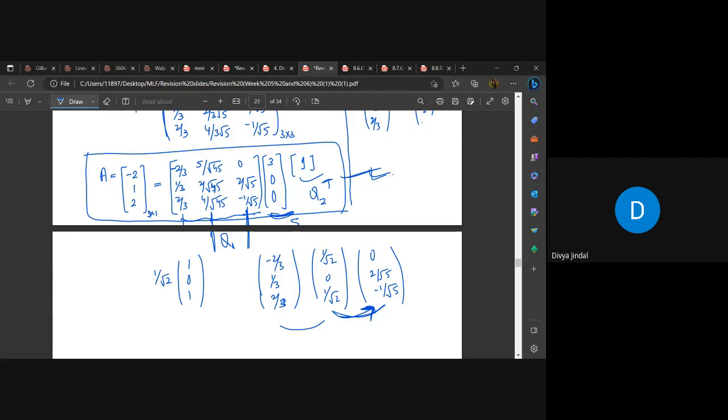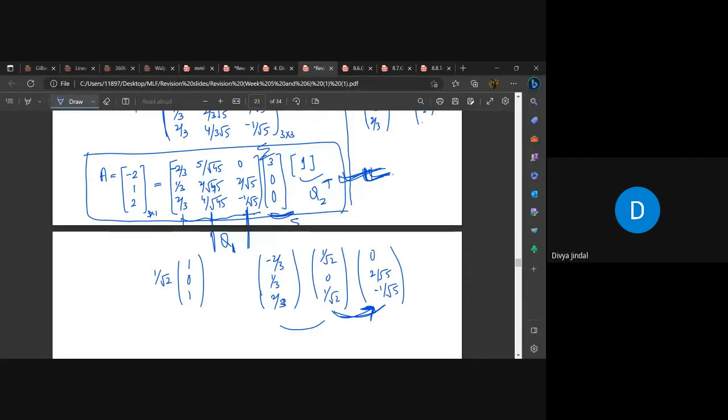So we have just decomposed the SVD for A. What have we really achieved? We have expressed it as a product: we found our Q1, we found our diagonal matrix, and we found our Q2 transpose. What is special about Q1 and Q2? Q1 should be orthogonal, and Q2 should also be orthogonal.